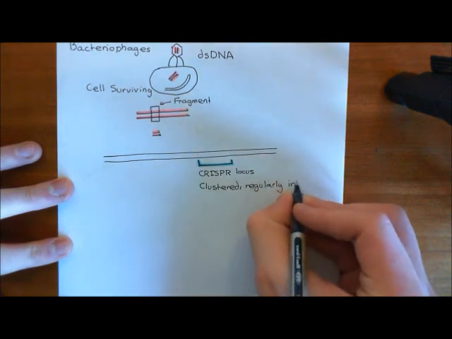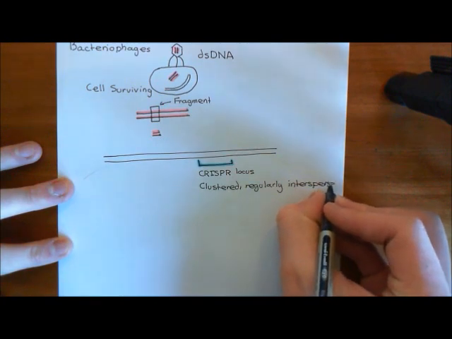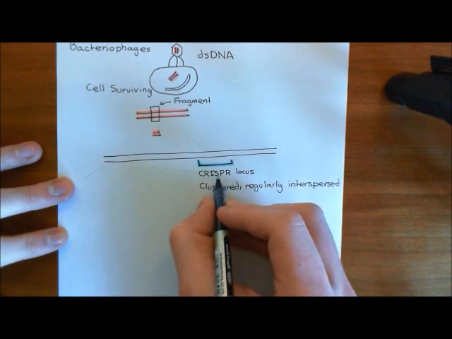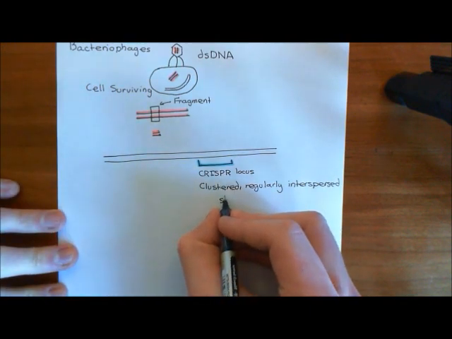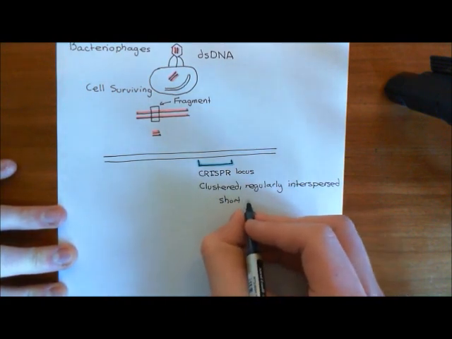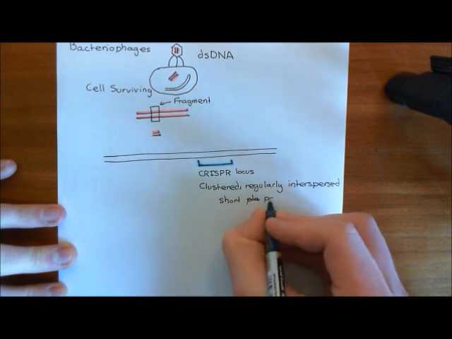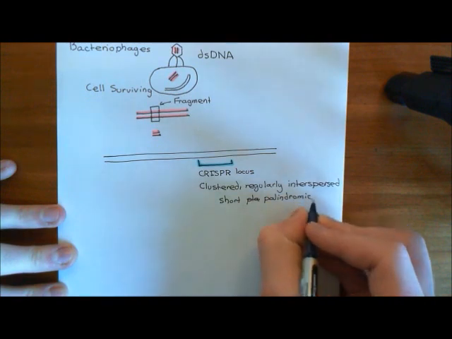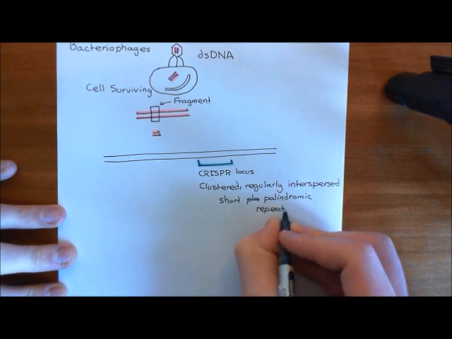The S and the P is for short palindromic, and then the R is for repeats. So this is the clustered regularly interspersed short palindromic repeat locus. So it contains a lot of repeats basically.